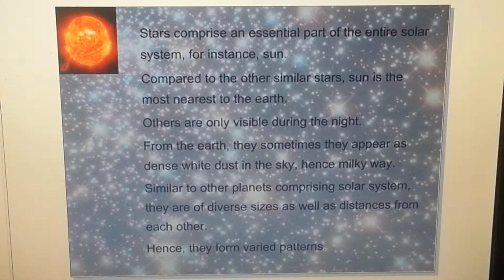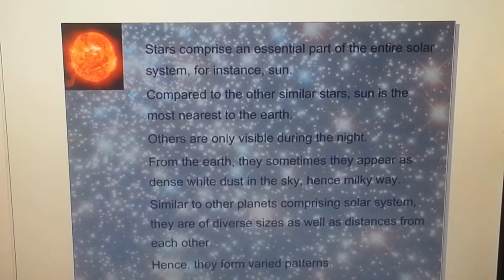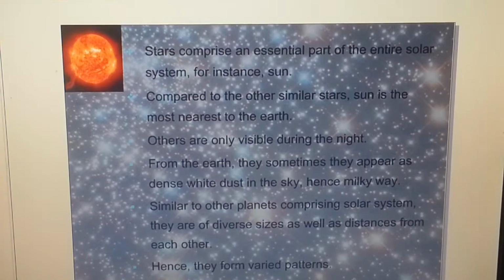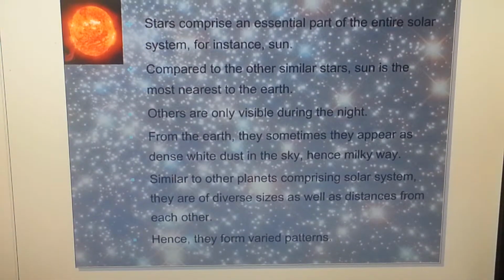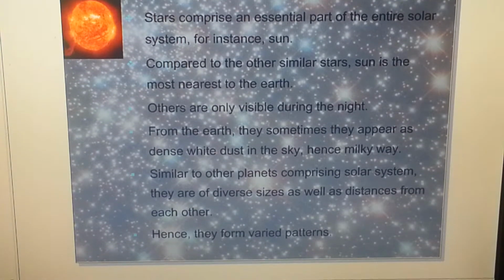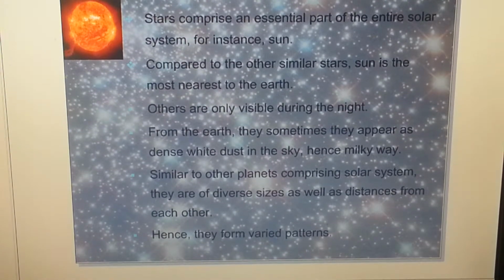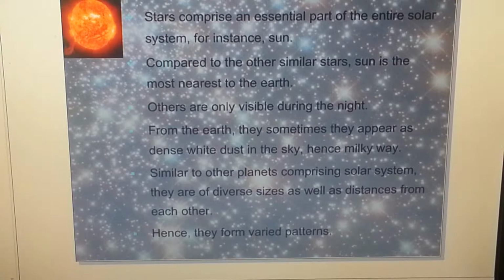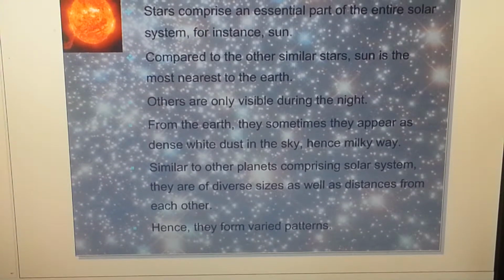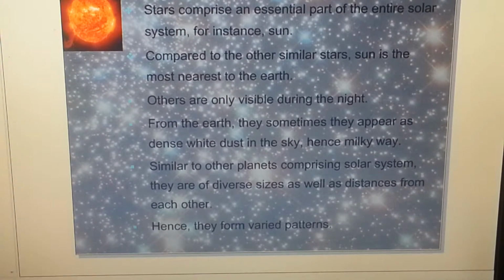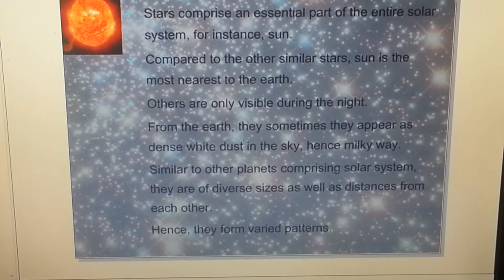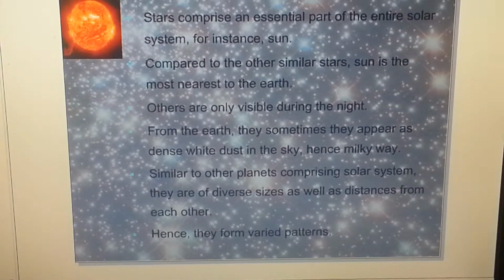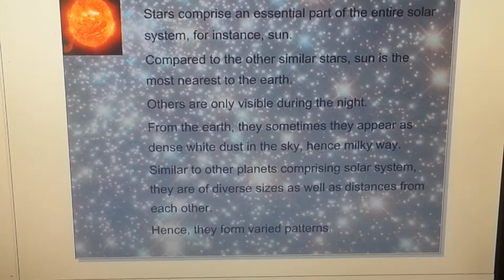When it comes down to the diverse size as well as the distance from each other, I like to talk about William Herschel for a second. He was the first astronomer who estimated the distribution of the stars in the sky during the 1780s.